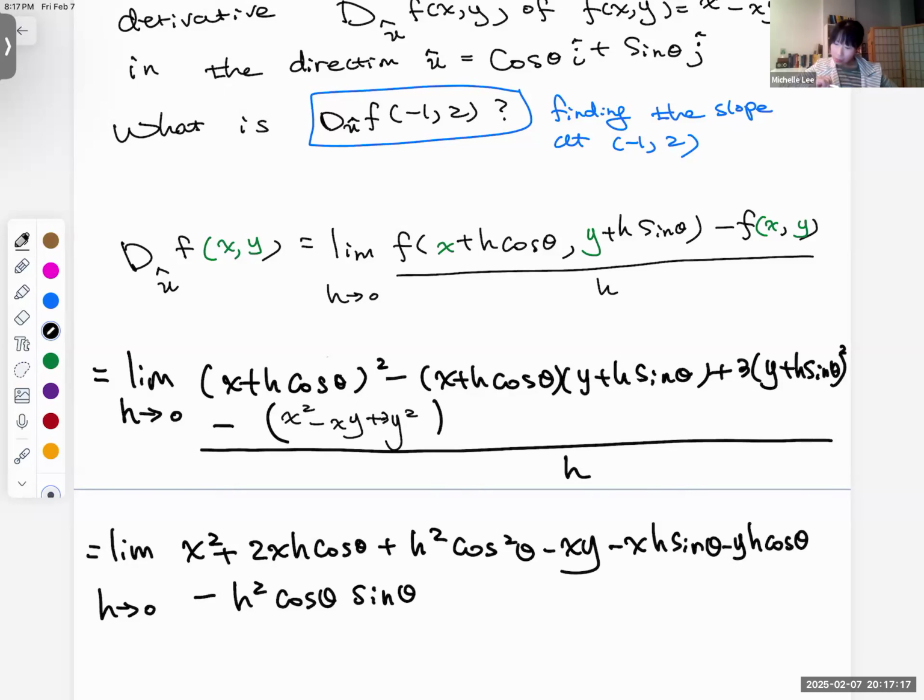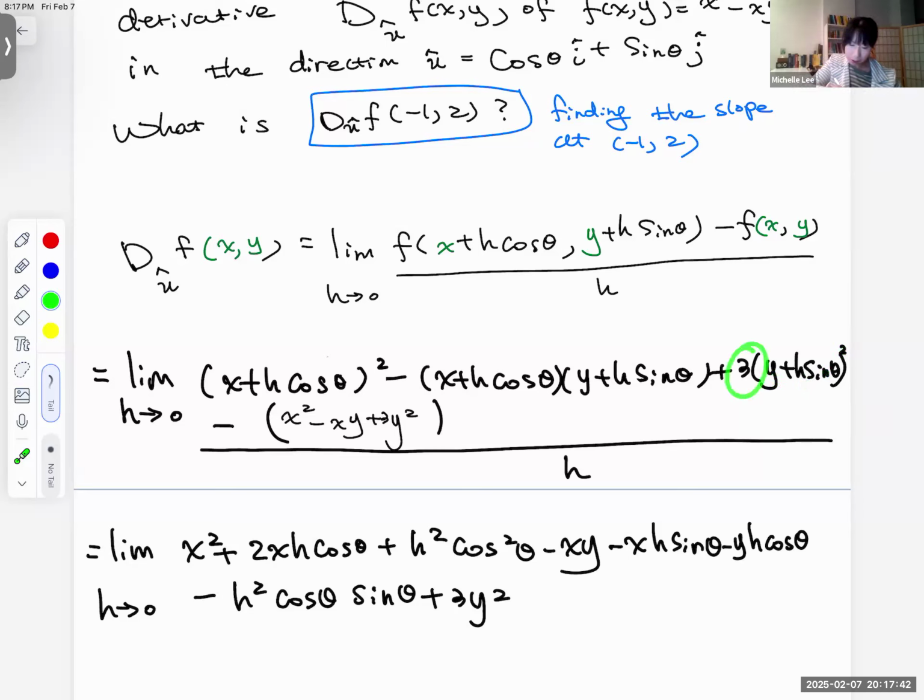Now, third term, once again, we have sum of squared, but we have a positive 3 in front. So let's do together. So y squared times the 3, so 3y squared. Then 2ab, so 2yh sine theta.